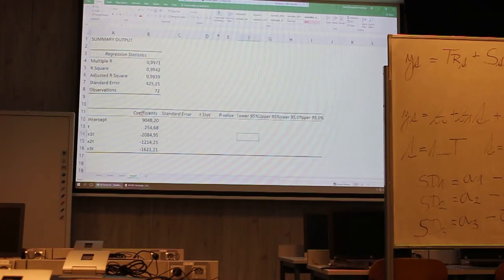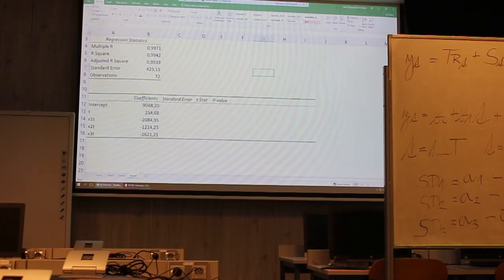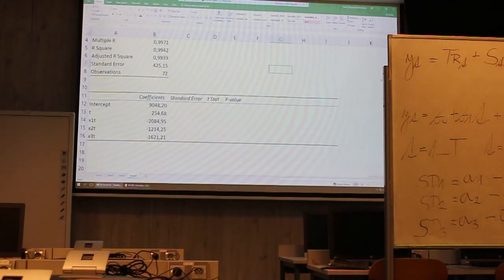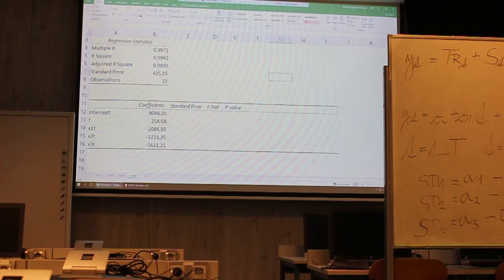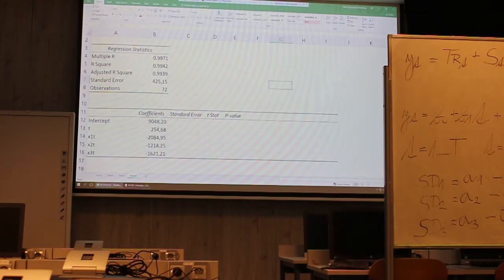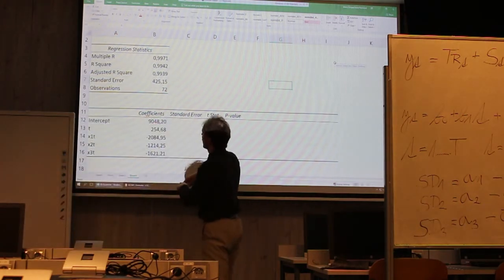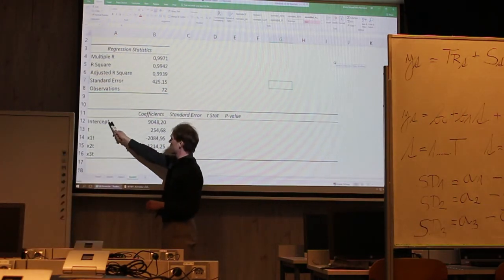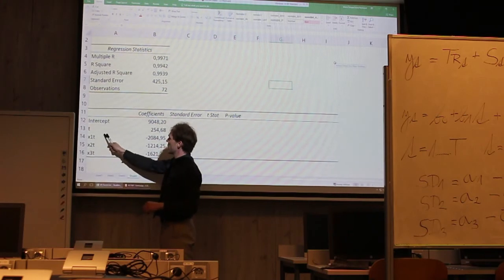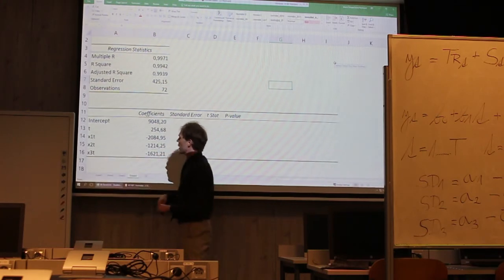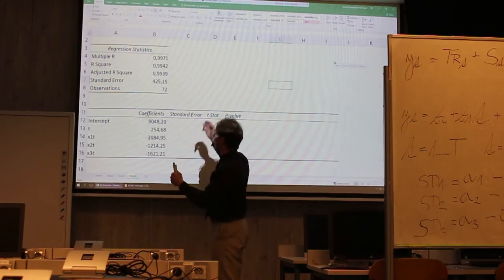So there is a table with output. Can you see this table? Intercept, t, x1 in time t, x2 in time t, x3 in time t.